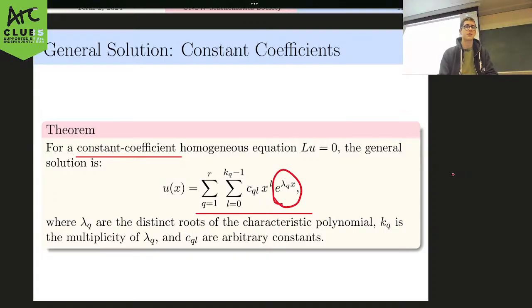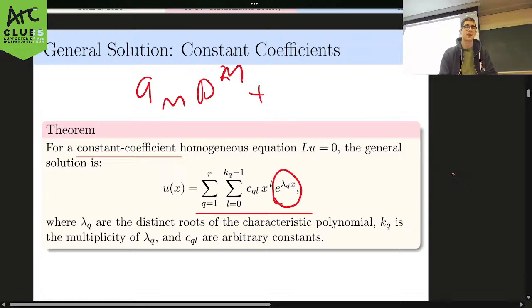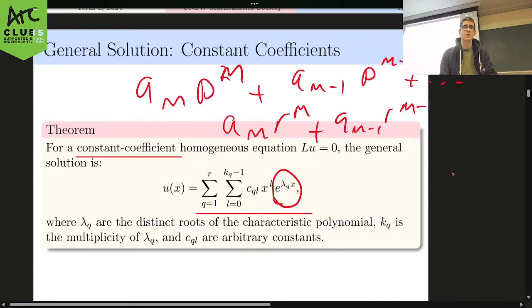So what our characteristic polynomial is, if we have our differential equation like this, a_m D^m plus a_{m-1} D^{m-1} plus dot, dot, dot, then our characteristic polynomial would be a_m r^m plus a_{m-1} r^{m-1} plus dot, dot, dot. So we're just replacing our D's with r's in this case, okay? And this is a root of it, and we say that e to the lambda x is a solution.